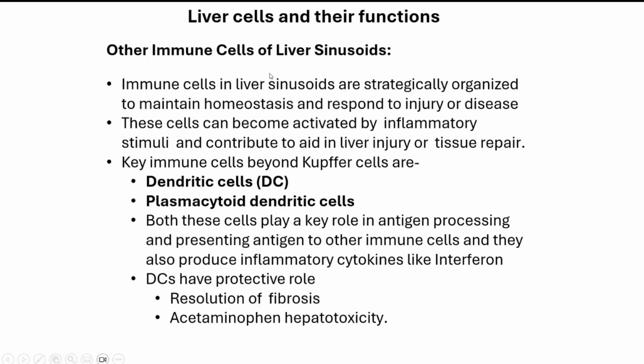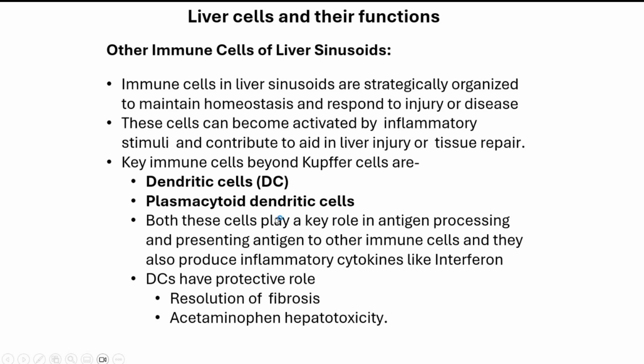Other immune cells of liver sinusoids. Immune cells in liver sinusoids are strategically organized to maintain homeostasis and respond to injury or disease. These cells can become activated by inflammatory stimuli and contribute to liver injury or tissue repair. Key immune cells beyond Kupffer cells are dendritic cells and plasmacytoid dendritic cells.